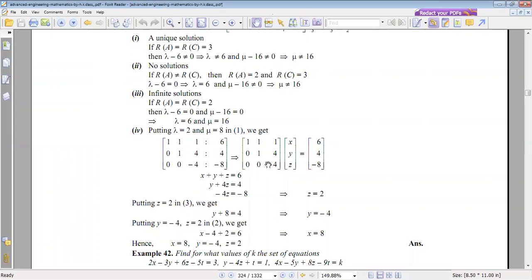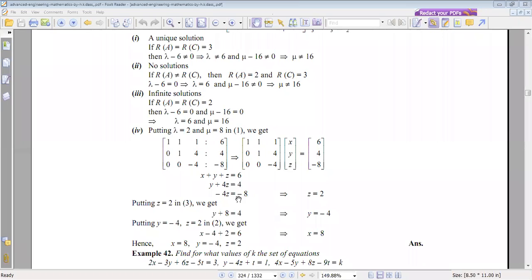After multiplying, we get x plus y plus z equal to 6, then y plus 4z equal to 4, and minus 4z equal to minus 8.